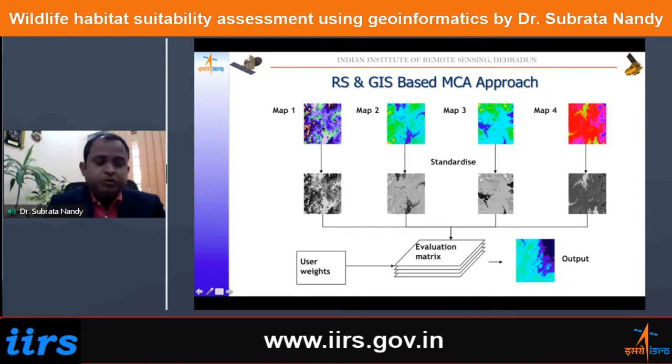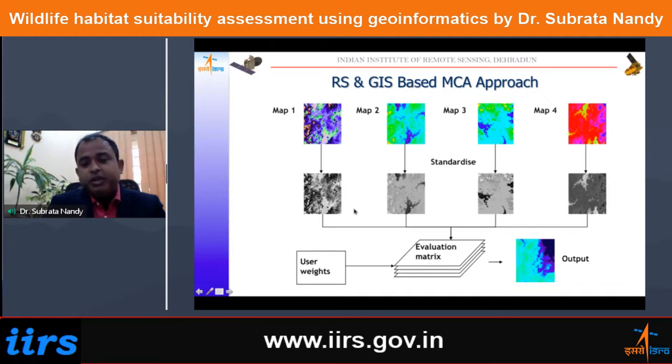Suppose map 1 is vegetation type or land use, which is a categorical variable. Let's say map 2 is elevation, which is a continuous variable. These should be brought to the same platform so that all of them can be combined together. So they need to be standardized first, and then you combine them.